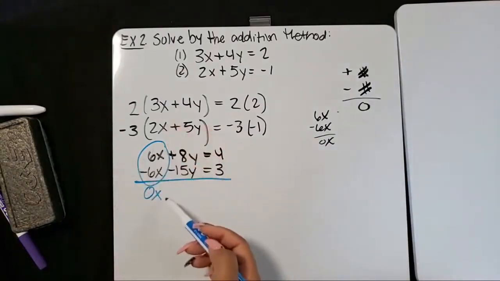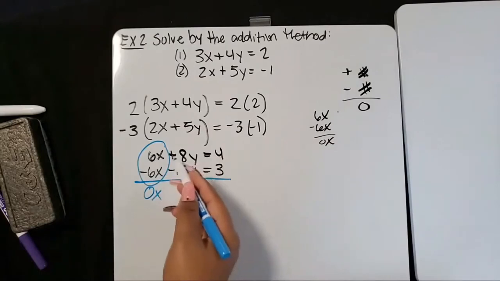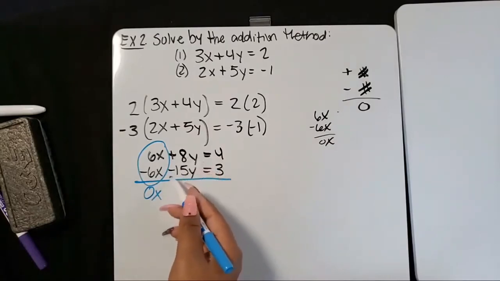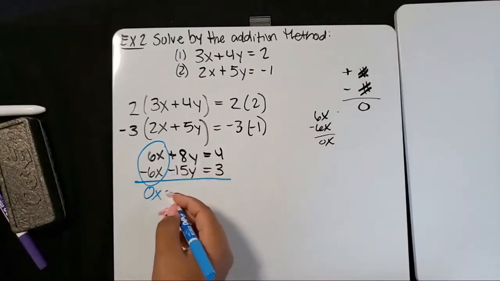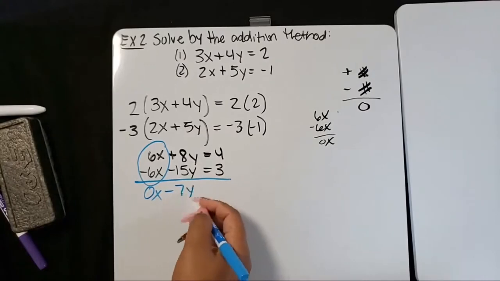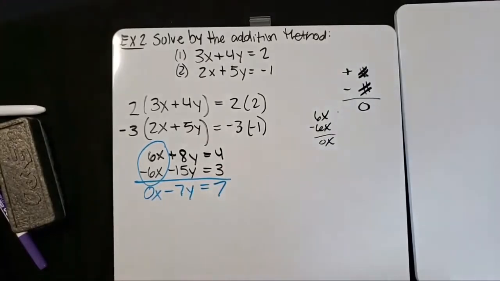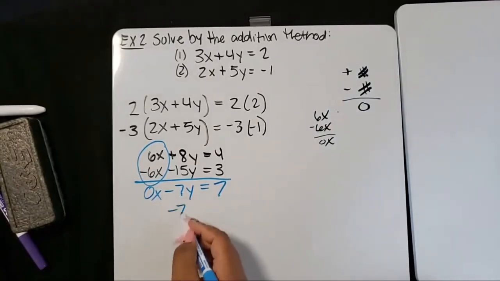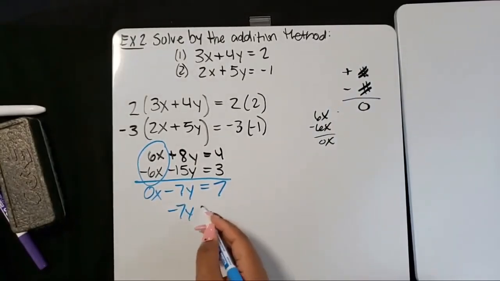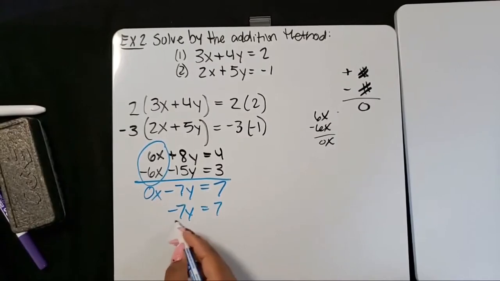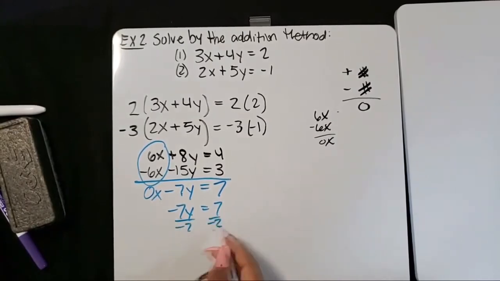So we have 0x, then we got 8y plus negative 15y. We got negative 7y. 4 plus 3 is 7. All right? So what we're left with is negative 7y equals 7. And when we divide by negative 7 on both sides, y equals negative 1. Okay?